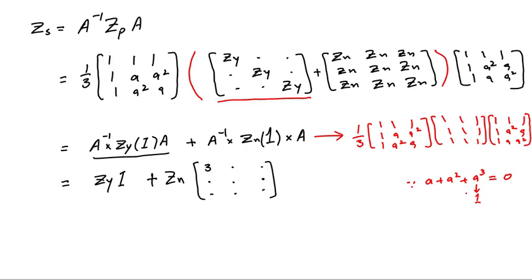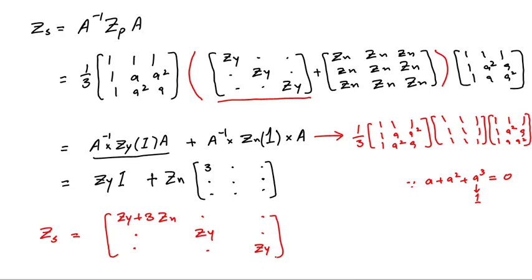Now if I write the final form of ZS by combining these two matrices, our final result is that the sequence impedance matrix ZS will be ZY plus 3 times Zn, 0, 0; 0, ZY, 0; 0, 0, ZY. So that is the sequence impedance matrix, for the phase impedance matrix of our Y connected load.